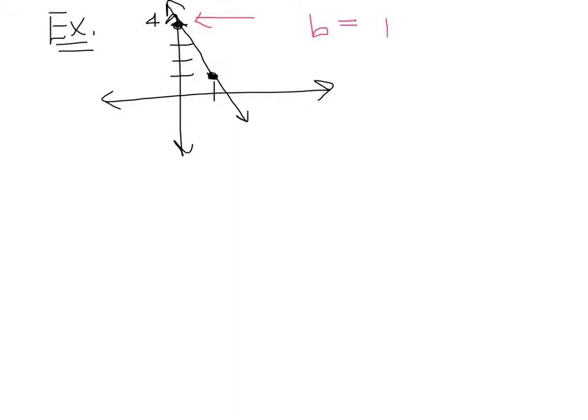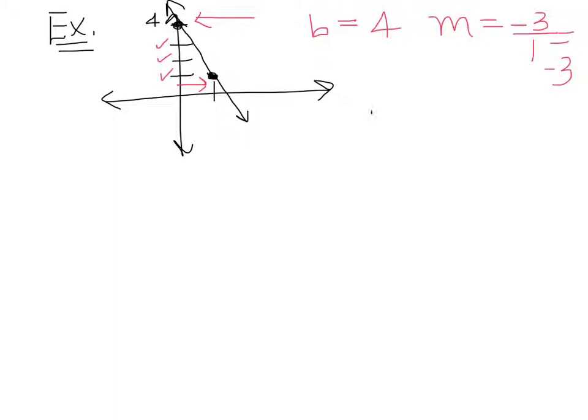In this case, it's 4. And then you would find your slope by doing rise over run. In this case, if you notice, we had to count down 1, 2, 3. So that's -3. And then we got to count how many we had to go over. And that was 1. So our slope would be -3.